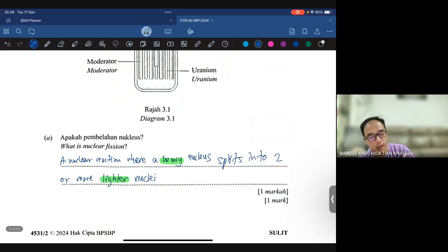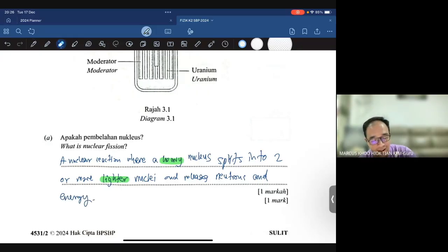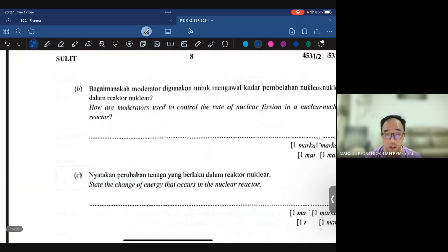And it releases, usually 3, neutrons and energy. Either I'm writing too fast or my handwriting is too ugly. So a heavy nucleus splits into 2 or 3 smaller or lighter nuclei and releases neutrons and energy, a lot of energy. That's the basic definition for nuclear fission.